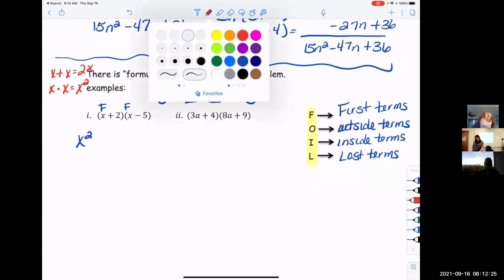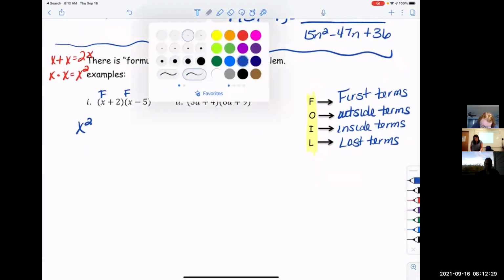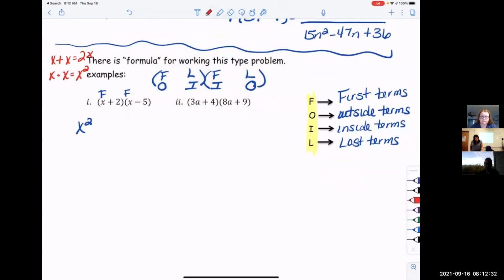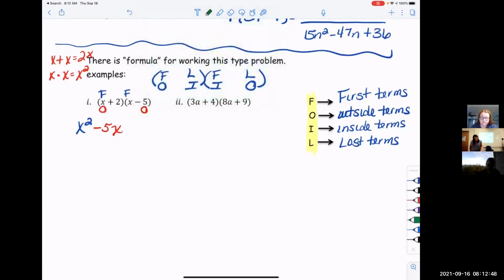All right, let me go back to my blue pen. All right, so we did first. The next thing we want to do is outside. So there's your outside numbers. Make sure you take the negative with the 5. So now let's do x times negative 5. What does that give me? Yep, negative 5x, shocker. Now the inside numbers, which would be the 2 closest together. So what is positive 2 times x?